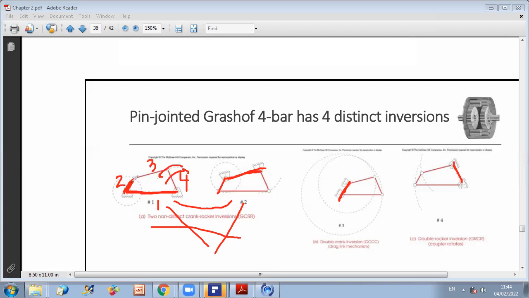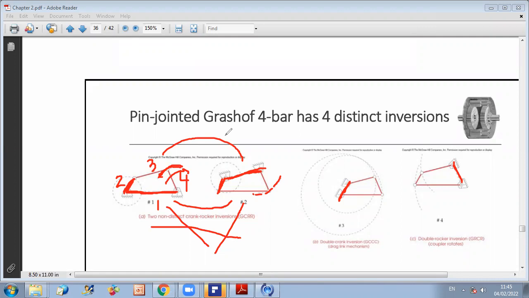When I link the shortest link to ground, and these 2 inversions satisfy the condition that the shortest link is linked to the ground. This is why I say that these 2 inversions are non-distinct inversions. Okay, because both will lead to oscillatory motion of my output, which is the rocker. So here I can create a rocker motion. I have my crank able to do full rotation.